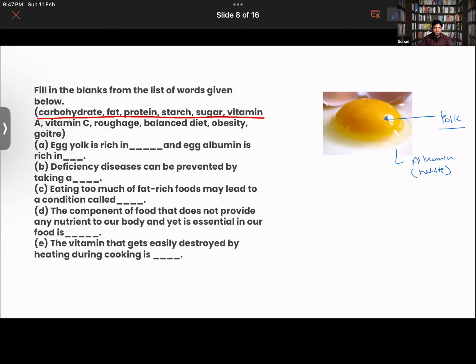Yes, Abu. What is the option for the correct answer for the first option? Protein. Egg yolk is rich in protein. Then, what about the albumin? Albumin is rich in fat, not in starch, in fat. All right, no. Albumin is rich in fat.